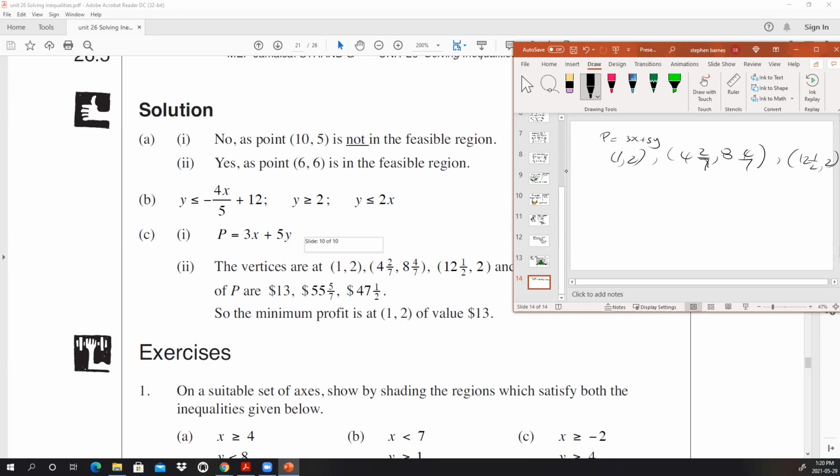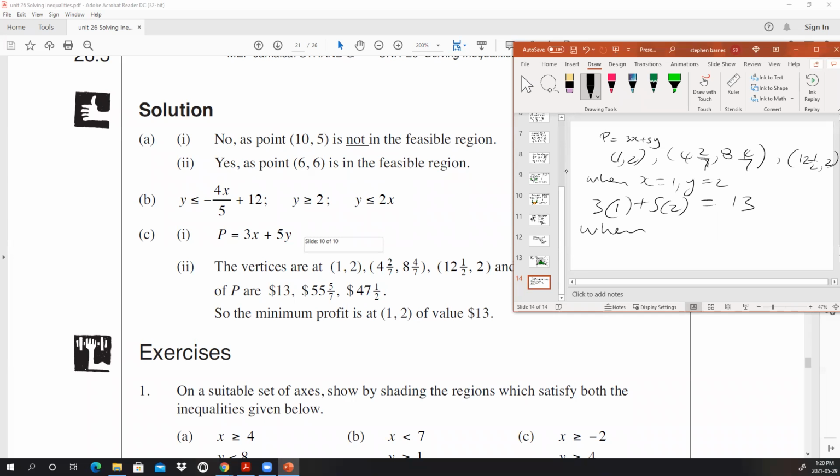When x equals 1 and y equals 2, you substitute 3 times 1 plus 5 times 2, and you get 13. Then you try the other ones, because you're looking to see which values give the smallest amount.